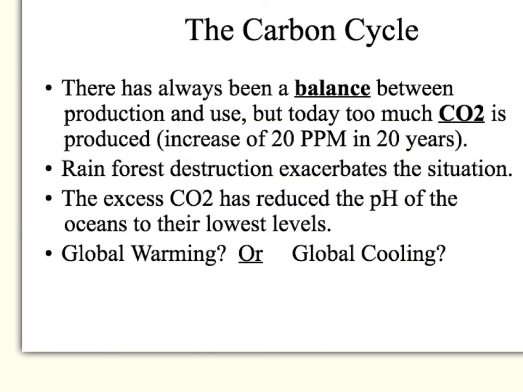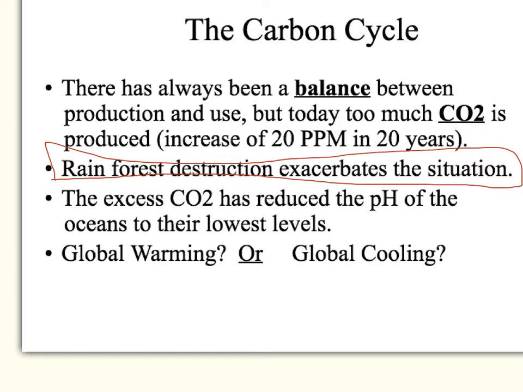So there's always been this balance between production of carbon dioxide and use of carbon dioxide, but today we have too much carbon dioxide being produced. We've seen an increase of 200 parts per million in 20 years. This is a problem because of rainforest destruction. Remember, rainforests help to take that excess CO2 out of the atmosphere and fix it into a usable form.